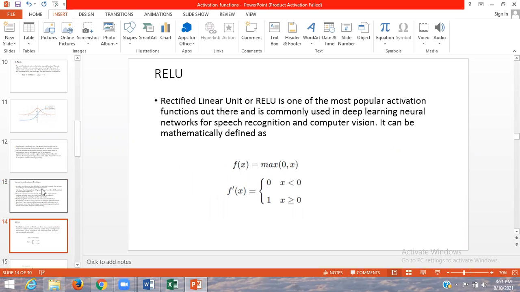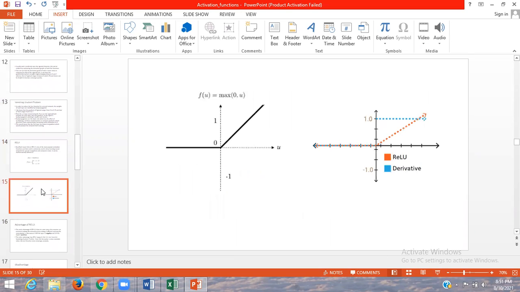To overcome that problem, we are using ReLU. ReLU takes into consideration the negative side also, but for the negative side it will give 0, and it works for the values which are greater than 0. So that was the ReLU function.